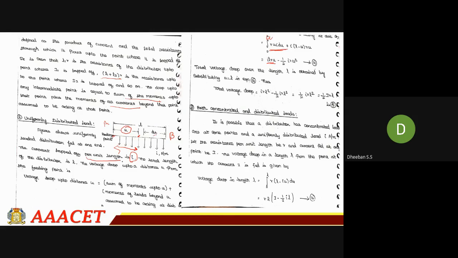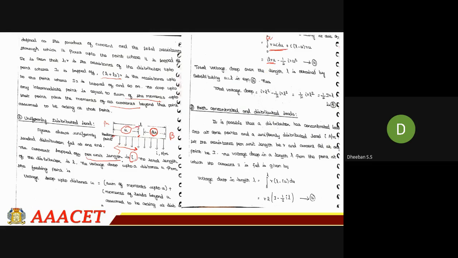This is the differential part of U, that is your dU. The voltage drop over the length L is obtained by substituting U, that is replacing U with L.